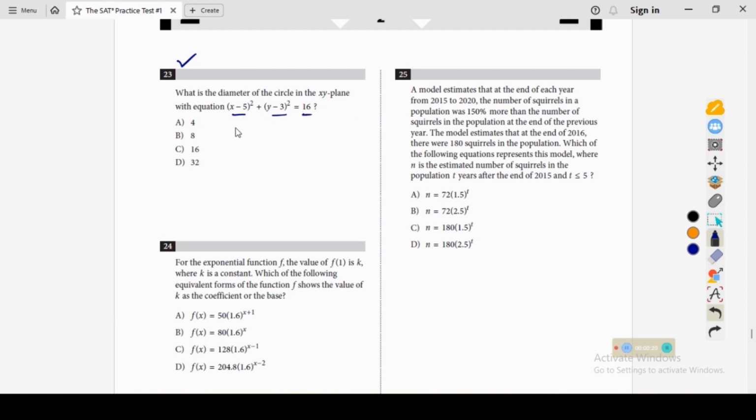Since the equation of the circle is of the form (x minus a) whole squared plus (y minus b) whole squared equals r squared, where r represents the radius of the circle, by comparing these two equations, r squared will be equal to 16 and r will be equal to 4, and the diameter is 2 times the radius, so it becomes 2 times 4, that is equal to 8. So B is the correct answer.